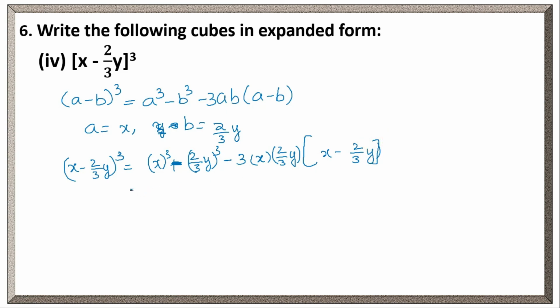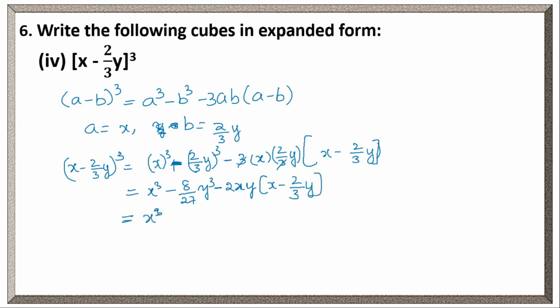Clear? Now x cube is x cube minus (2/3 y) whole cube, 2 cube by 3 cube, 2 cube is 8, 3 cube is 27, y cube. Minus 3 will get cancelled, 2xy will remain, 2xy into (x − 2/3 y). Clear?